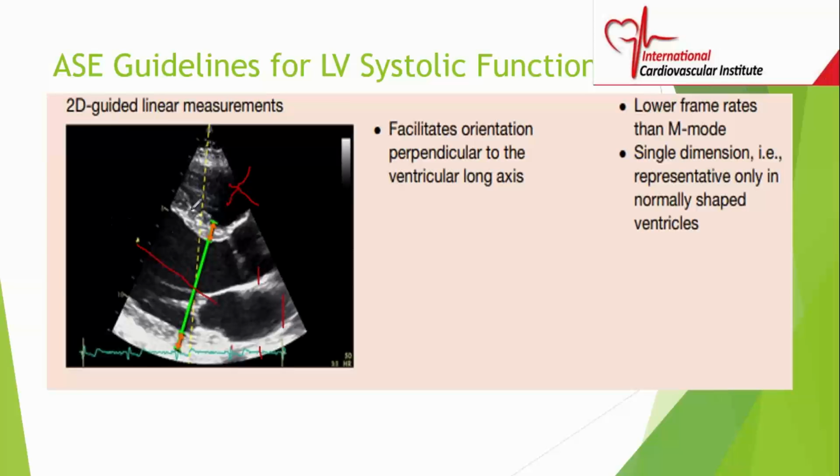It's going to be parallel to your septum and posterior wall, and this should be perpendicular to it. And then this is the tip of the mitral leaflet. So you measure your septum, again at the onset of the QRS, then the LV cavity size in diastole, and the posterior wall.